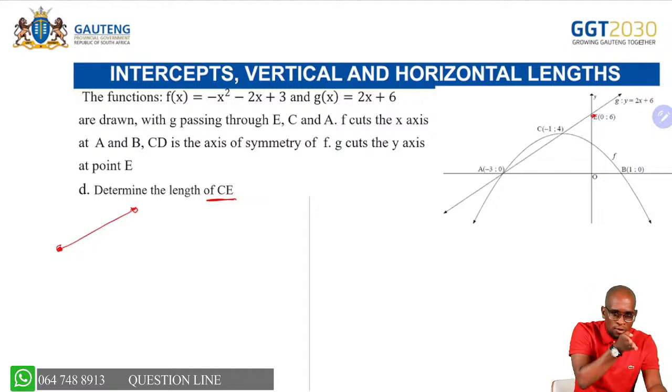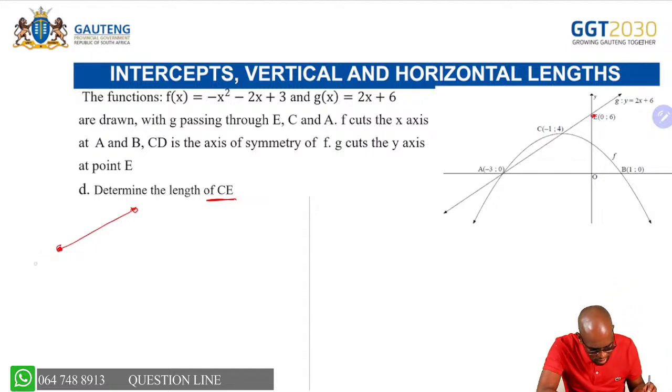It's a diagonal length. And I did indicate that if you have a diagonal length, you are going to use your distance formula. So because this length is diagonal, I'm going to use the distance formula.